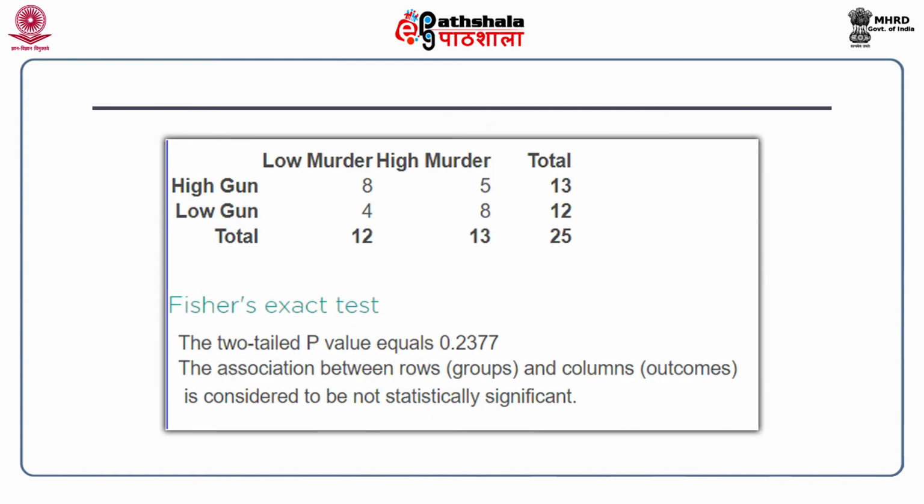As you can see, the two-tailed p-value for the gun sale is 0.2377. That is a lot higher than our cutoff, the critical value of 0.05. So you don't have any reason to reject your null hypothesis; it is not statistically significant.